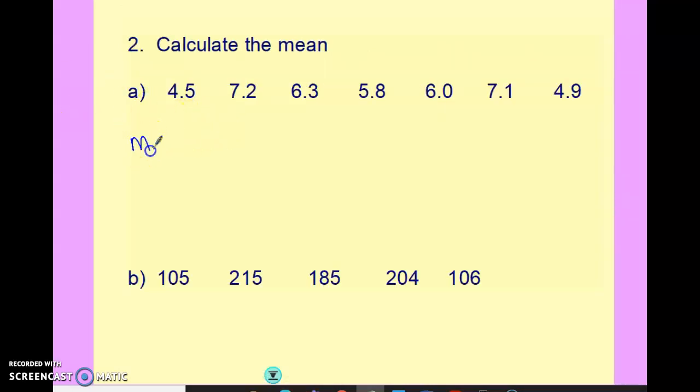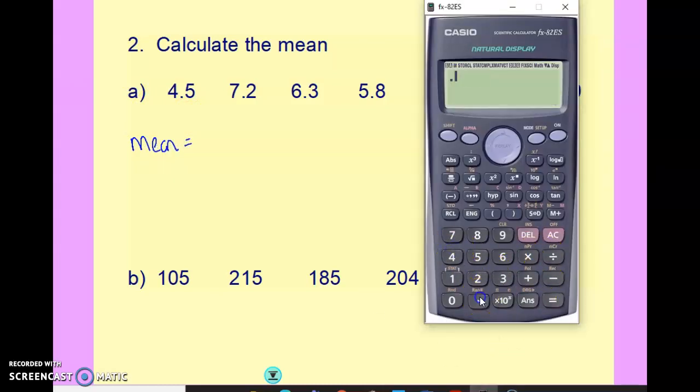Our mean, add them up. So 4.5, add 7.2. It's not going so well. Oh dear. Right, fourth time lucky. 4.5, add 7.2. This is decimal point. Doesn't like it.